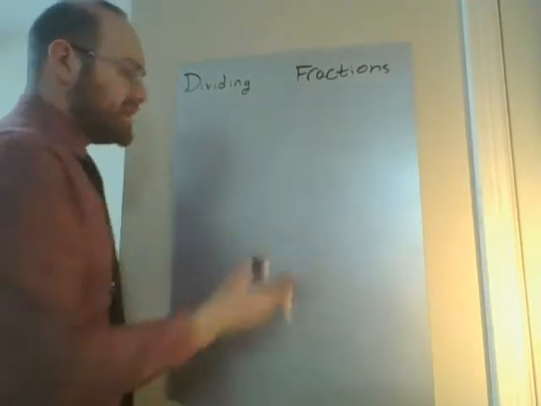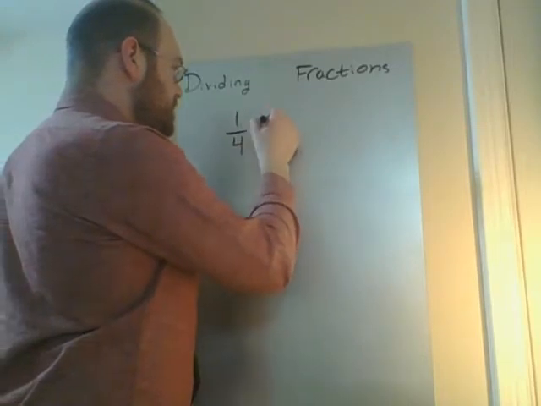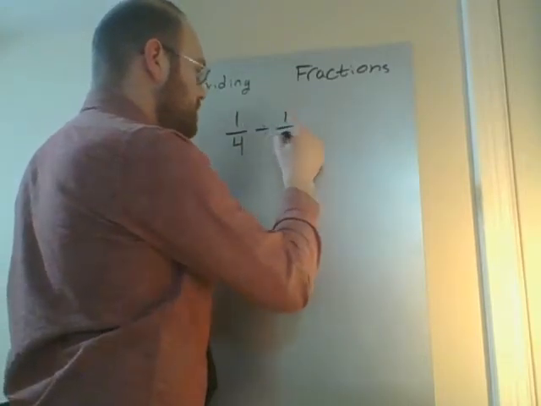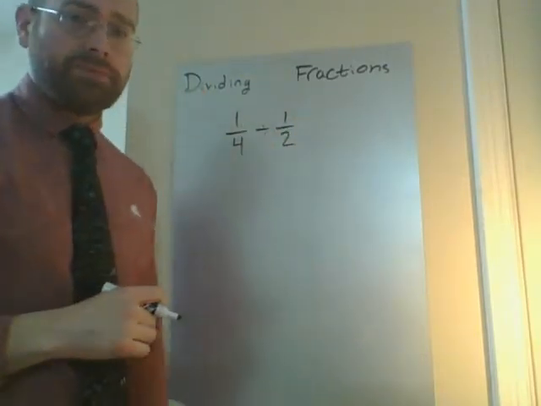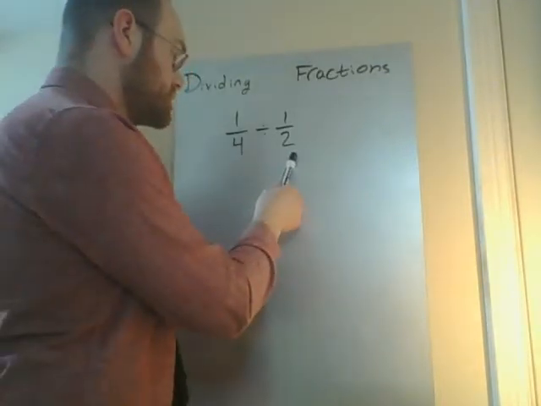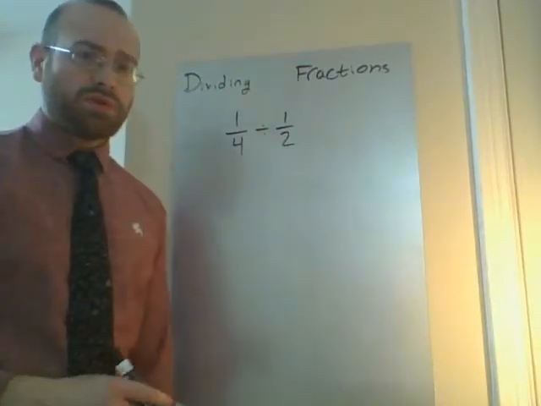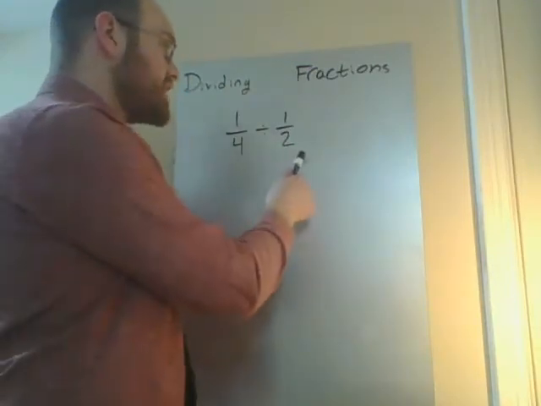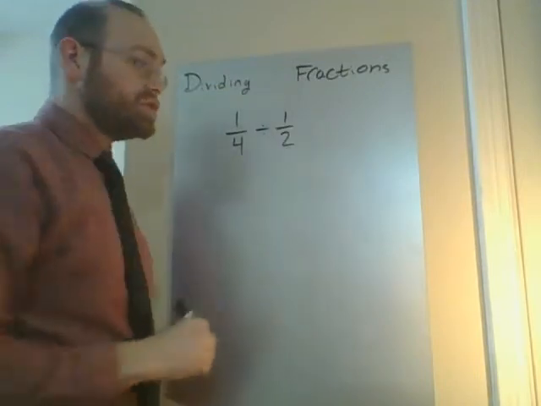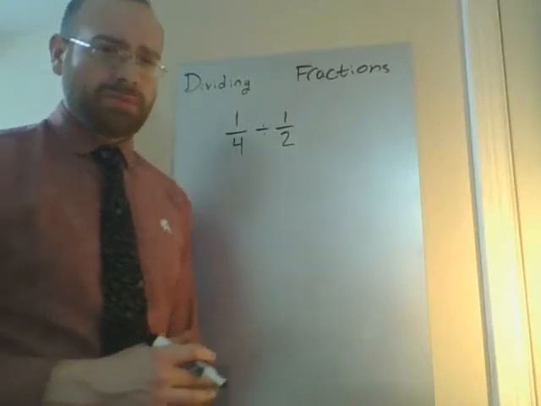But what would it mean if we have 1/4 divided by 1/2? What this is asking us is how many halves can go into 1/4. So how many pieces of size 1/2 can go into 1/4? And this is a weird type of question.